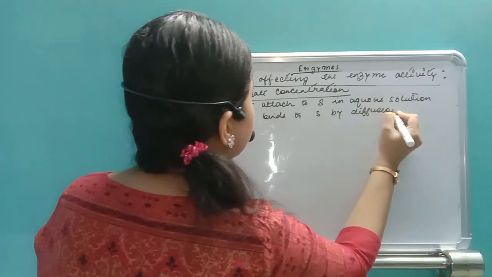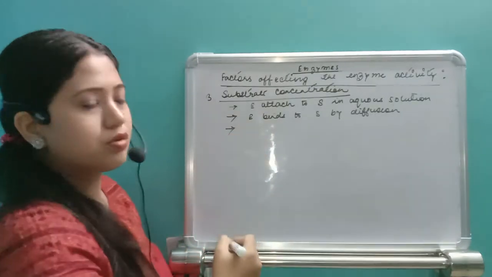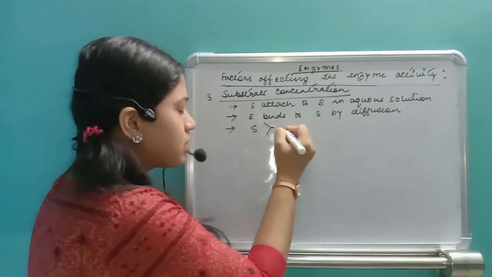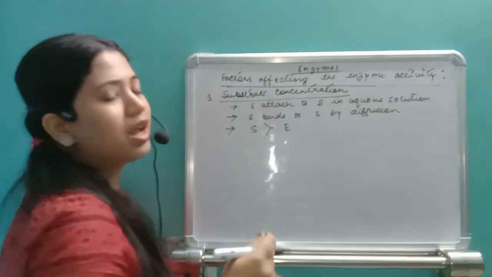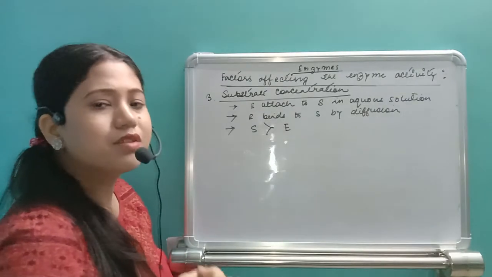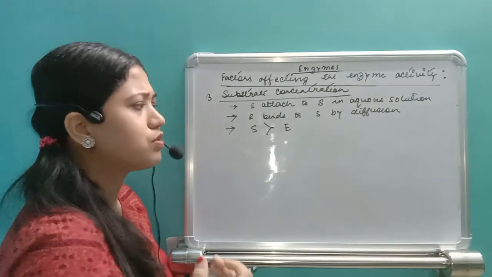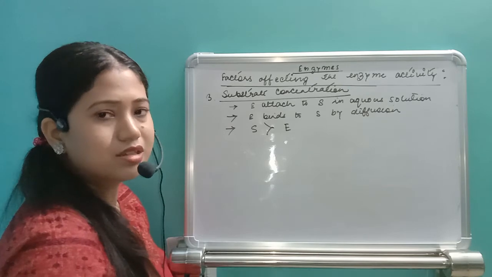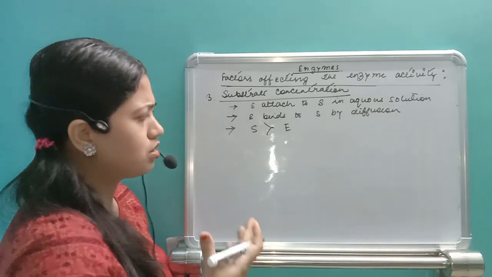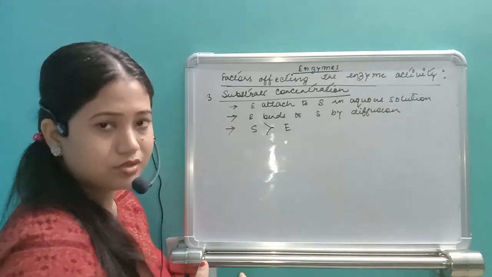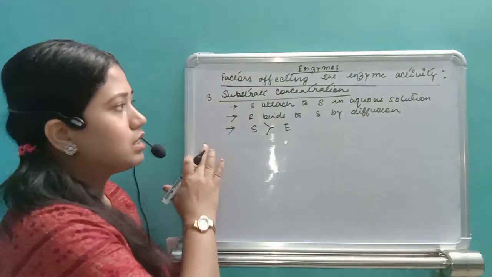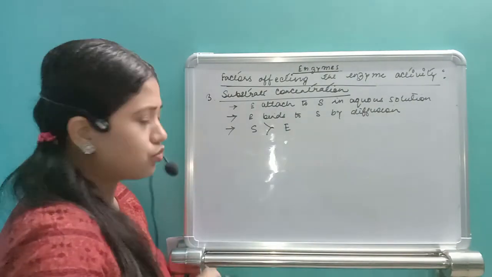This point you need to know. Always remember the substrate concentration is much more than the enzyme concentration. Enzymes are very few. Suppose enzymes are 6 or 10 or 100, the substrates will be thousands or lakhs. So these are the three points you need to know.